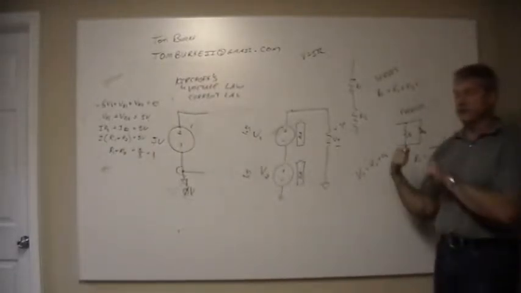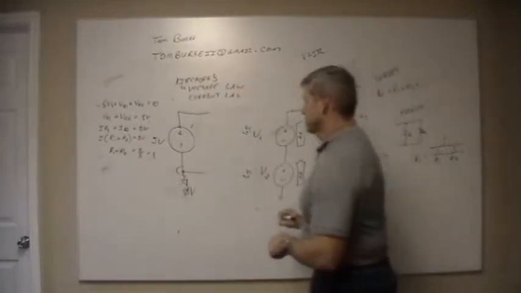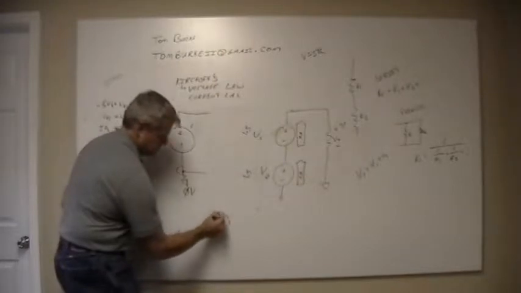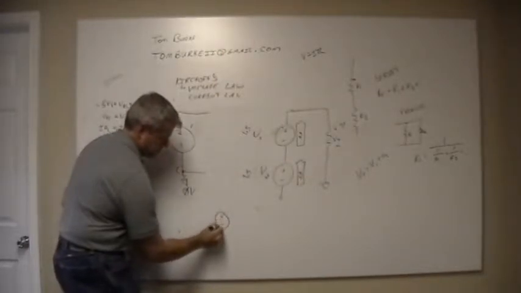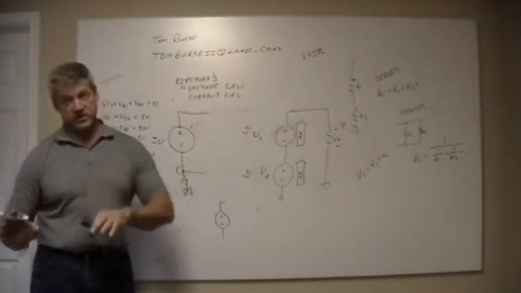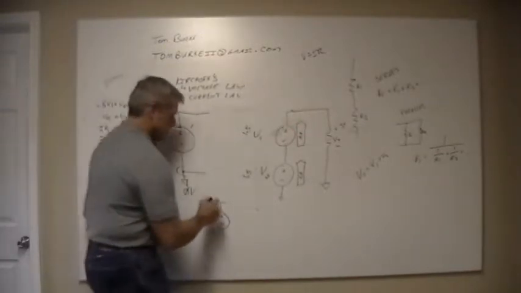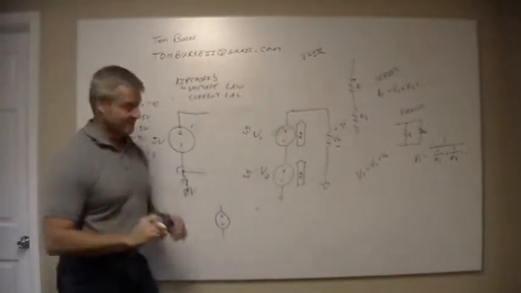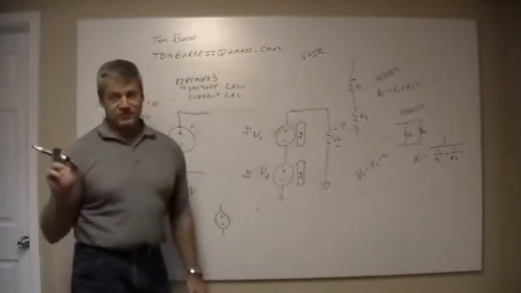Voltage sources in series add. Voltage sources in parallel do not do this. Voltage sources in parallel get really weird and are potentially dangerous. So I'm going to tell you, don't put your AAs in parallel unless you know what you're doing.